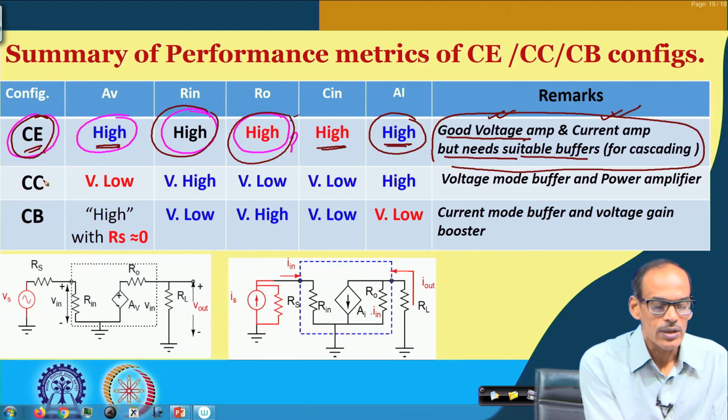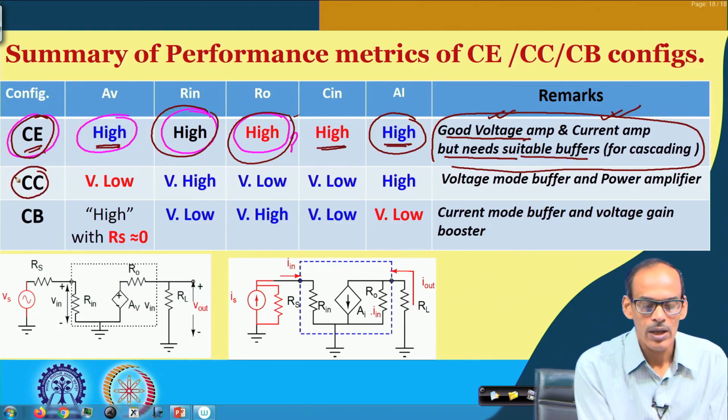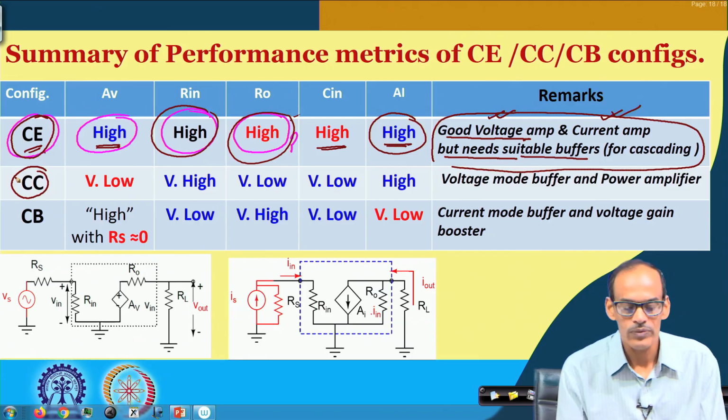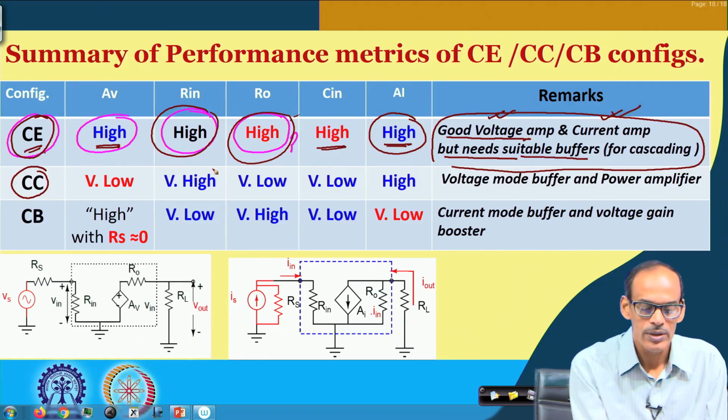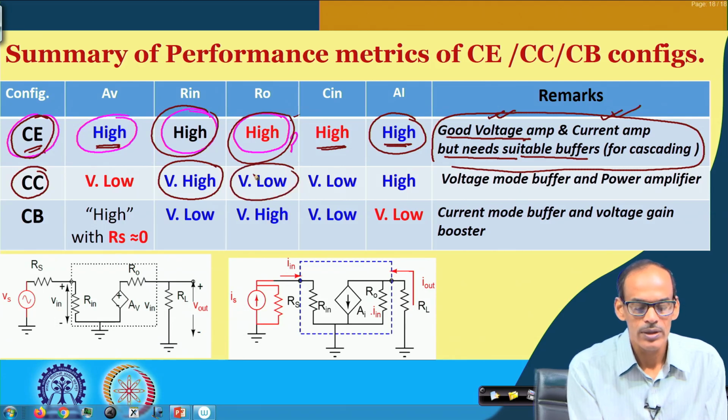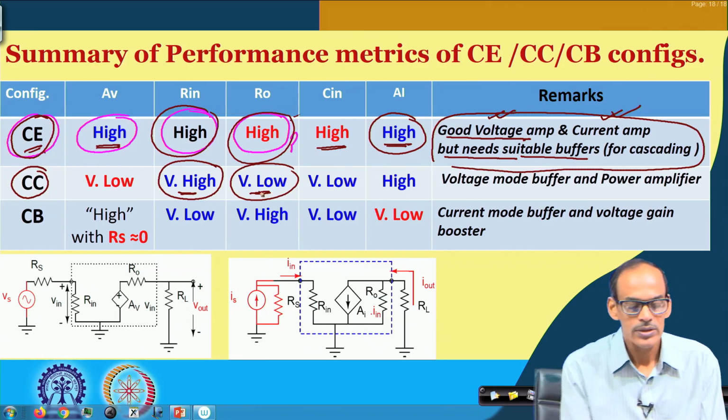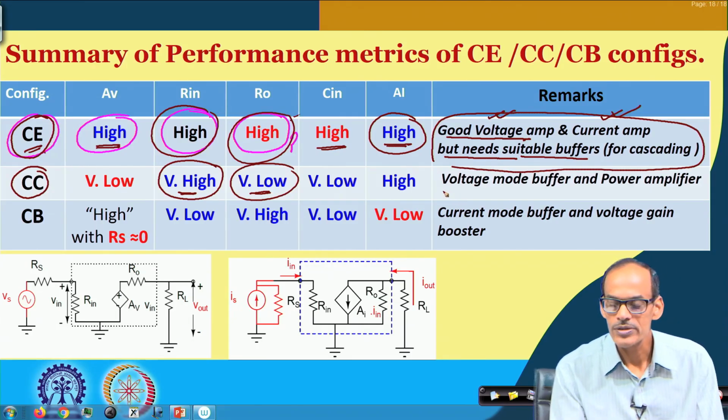So, if you see the CC stage, and for buffer mode configuration what we are looking for is the input and output impedance. Since the input resistance is very high and output resistance is very low, this is good for voltage mode buffer. Okay.